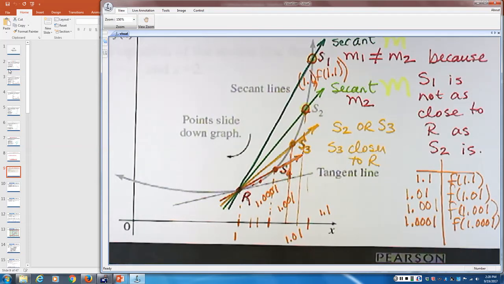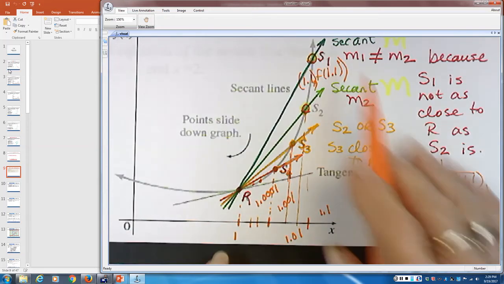What were we doing when we did this? What was the purpose of making that table? What were we letting x approach? Like that, we're taking the limit as x approaches 1 from the right. Okay?